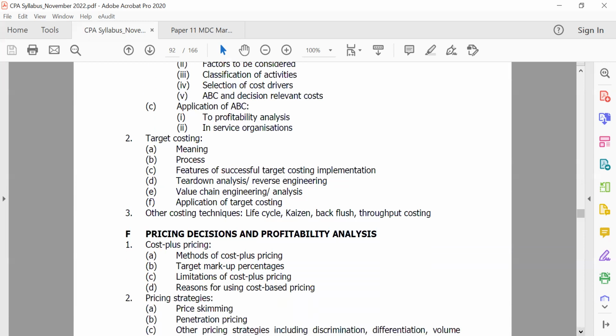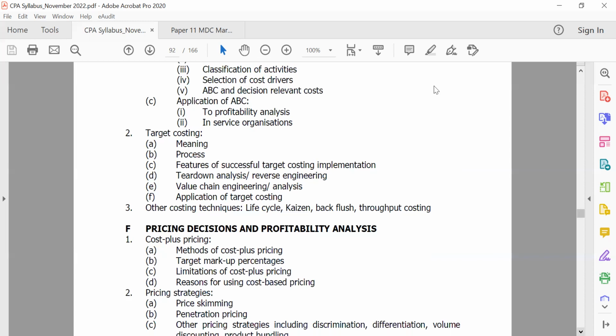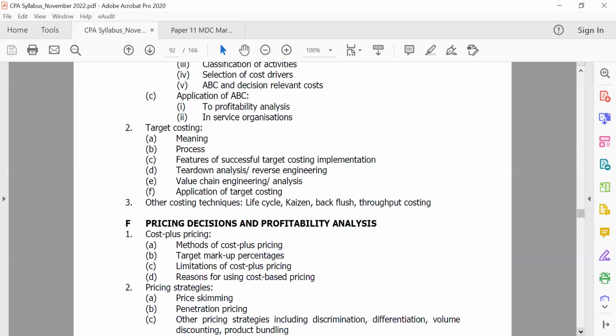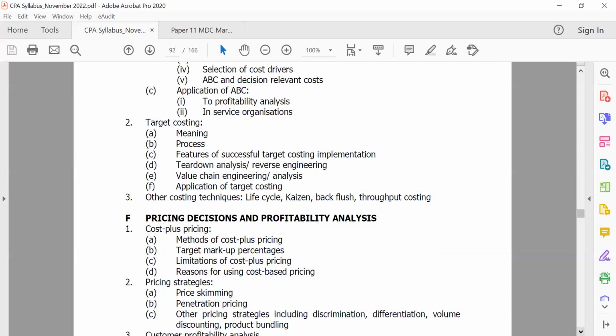And then the other is the aspect of pricing decisions and profitability analysis. Now, pricing is an important aspect. At least every business, either you're selling a service or a product, has a price. But the question is, how do people determine these prices?